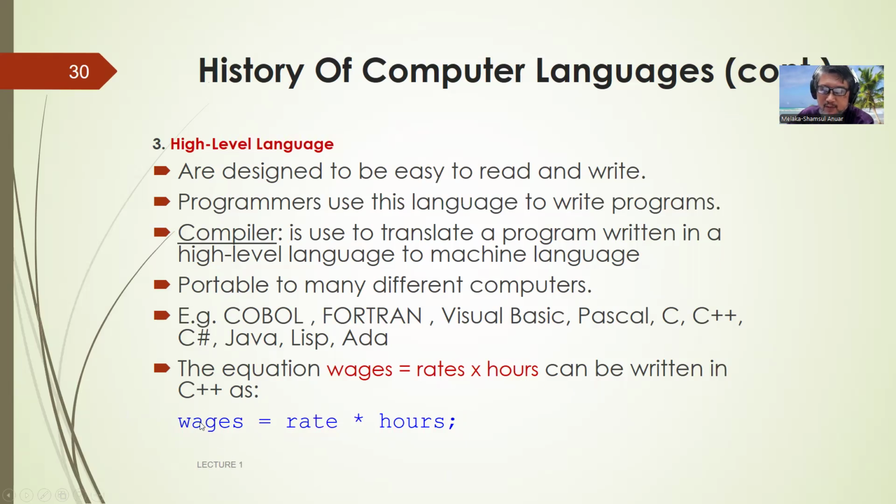We can say upah equals kadar times jam. So we can go in Malay, maybe even Chinese or Tamil, but I'm not sure whether we can use all those other characters. But for what I know, I'm only familiar with programming using Roman alphabets. Yes.